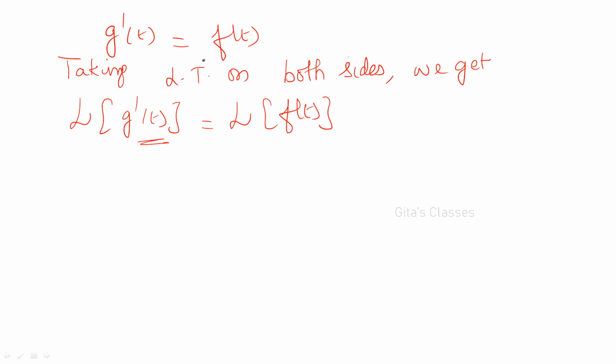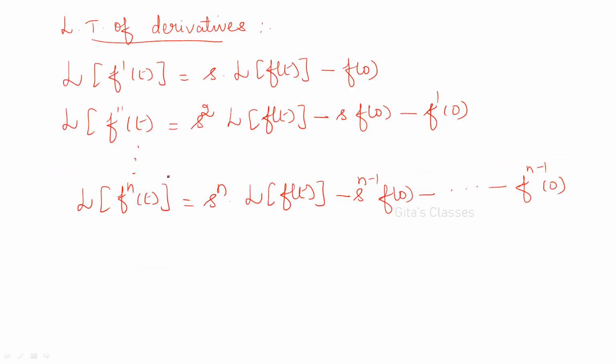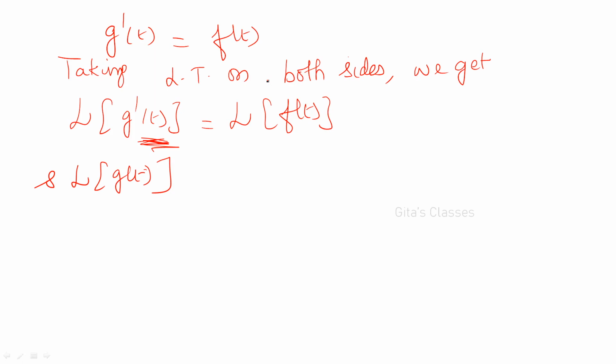Taking the Laplace transform on both sides, we get L of g dash of t is equal to L of f of t. By the Laplace transform of derivatives formula, L of g dash of t is s into L of g of t minus g of 0.